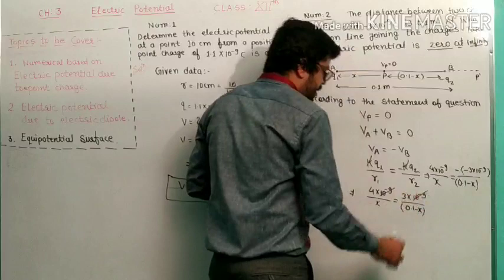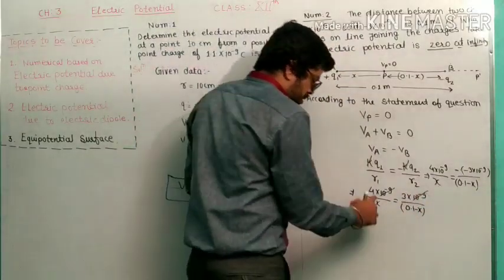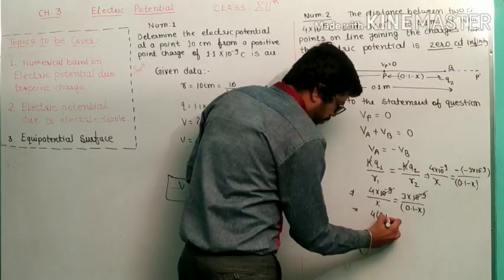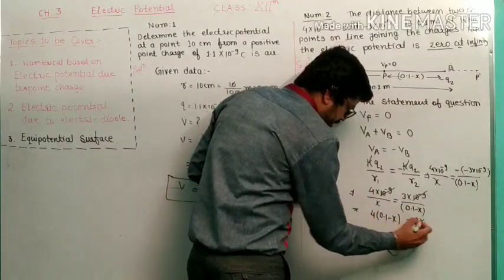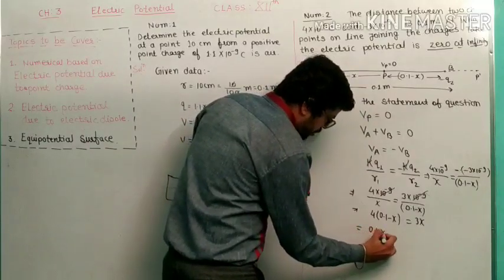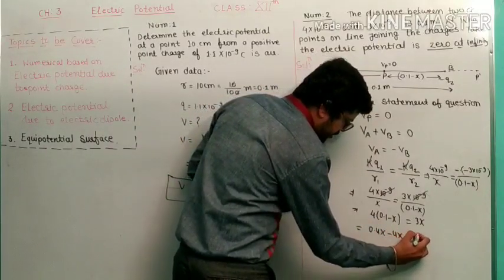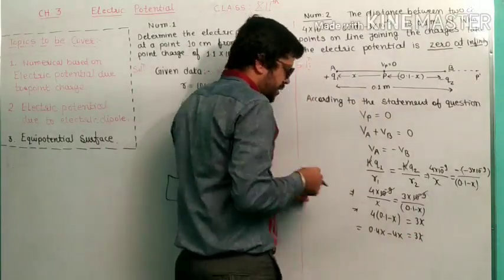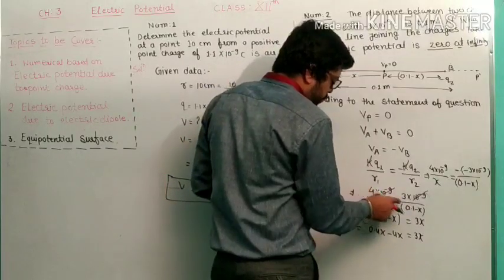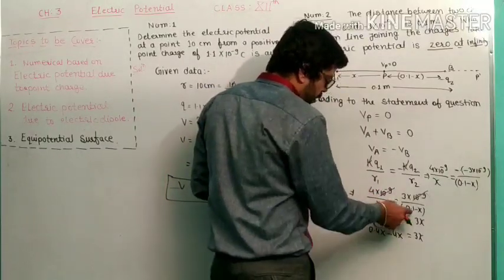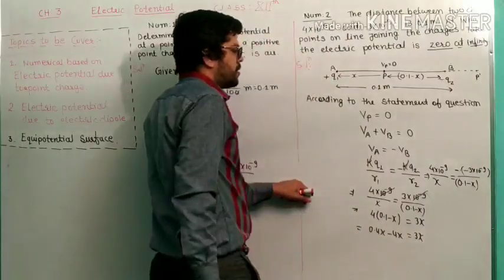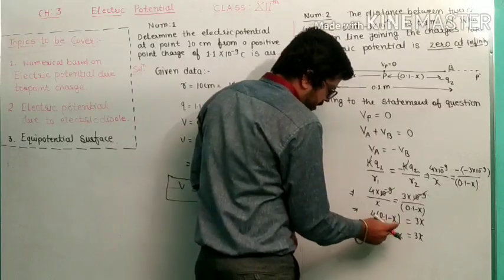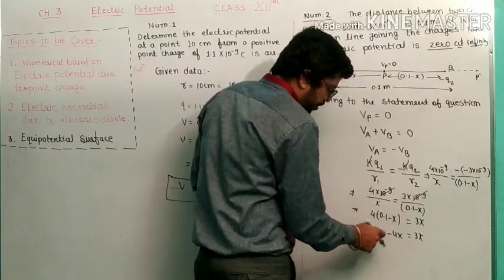So 10 to the power minus 9 cancels on both sides. Now it is cross multiplication: 4 into (0.1 minus x) is equal to 3x. Four is multiplied with 0.1 and with x, so 0.4 minus 4x is equal to 3x.